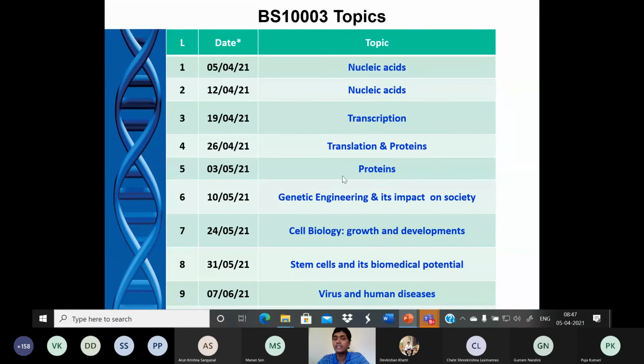And then the genetic engineering and its impact on society. This topic can go at the end, but intentionally this semester I kept it here because the prerequisite will be taught in these classes, so it will be good if I discuss it here.